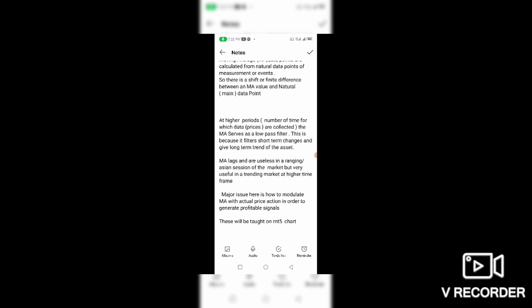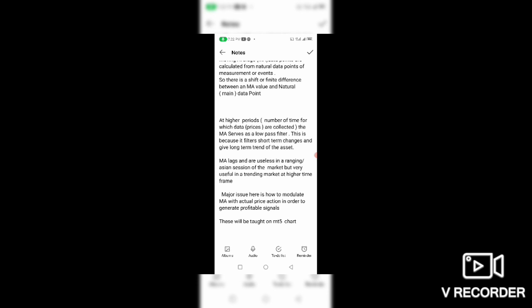The MA serves as a low pass filter, meaning that if the period you choose is high, such as 200, 300, or 500 periods, the MA will serve as a low pass filter. Then what does it mean to be a low pass filter?